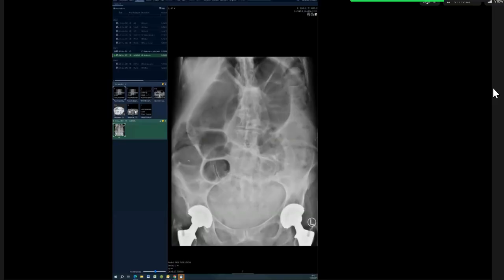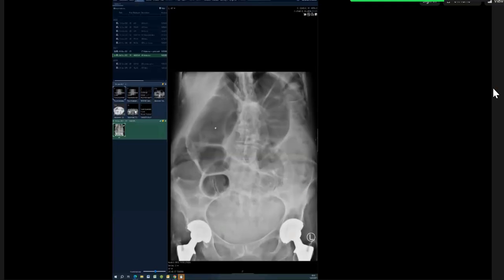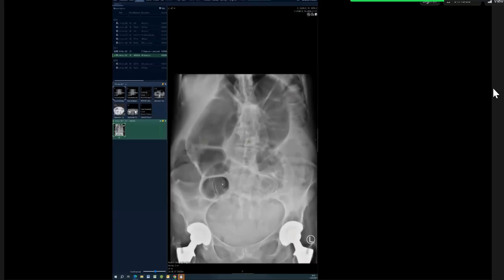If I was to say this is the ascending colon, then it dips down, and this is the transverse, and then this is the descending. What is this structure then? The central inverted U-shaped one? Yes, this may be sigmoid obstruction, sigmoid volvulus.